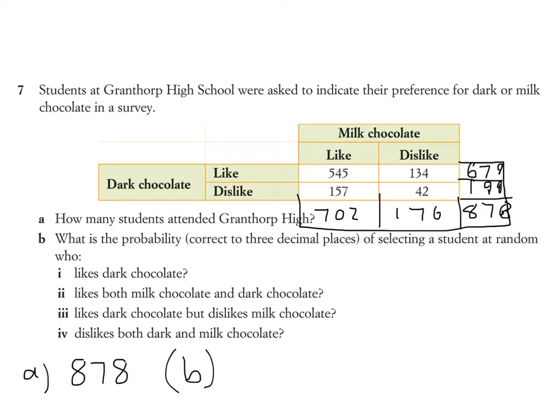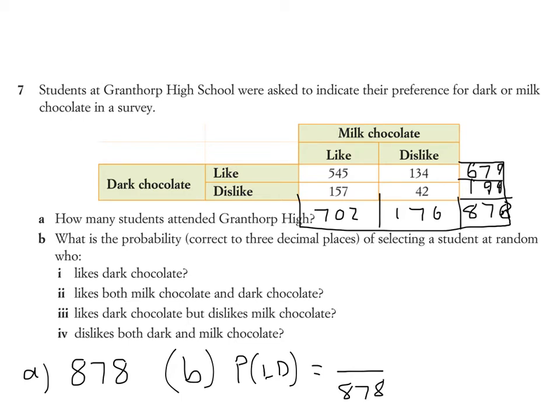What is the probability, to 3 decimal places, of selecting a student at random who likes dark chocolate? I know the probability of someone who likes dark chocolate, P(LD), is going to be over 878.